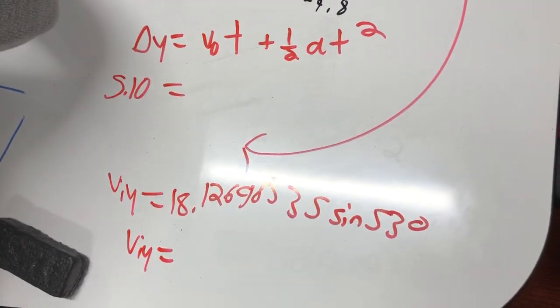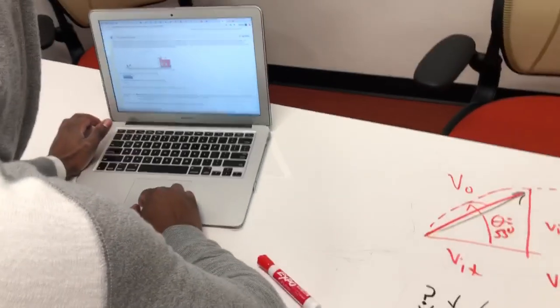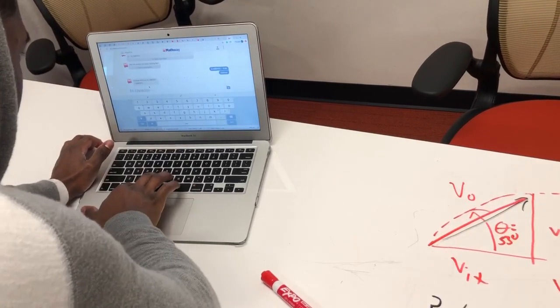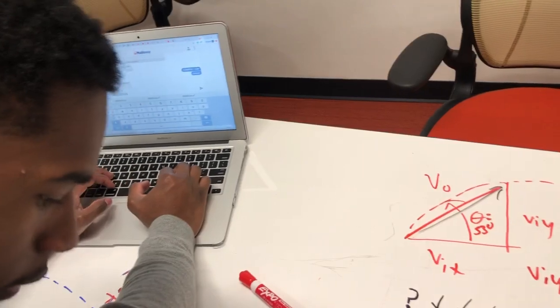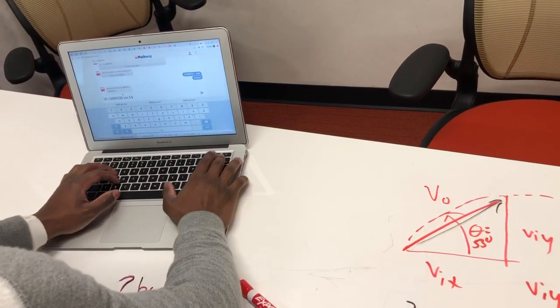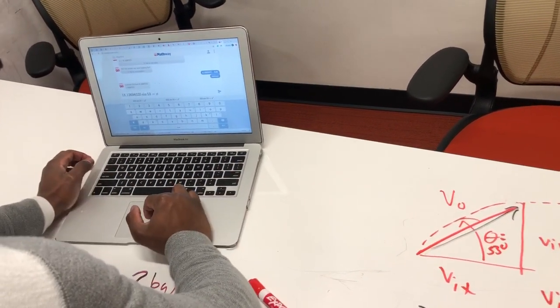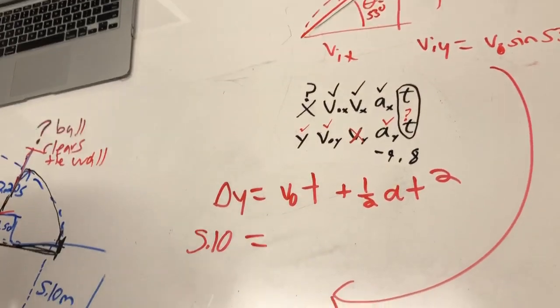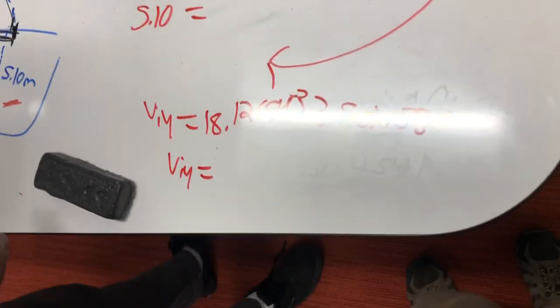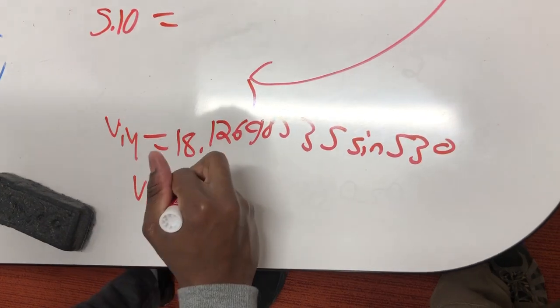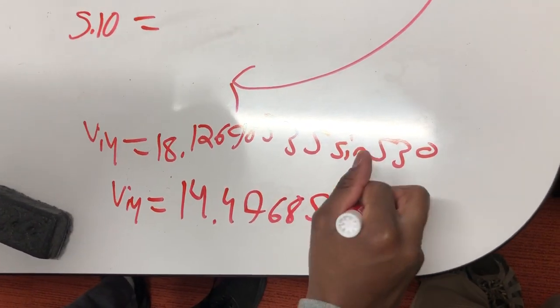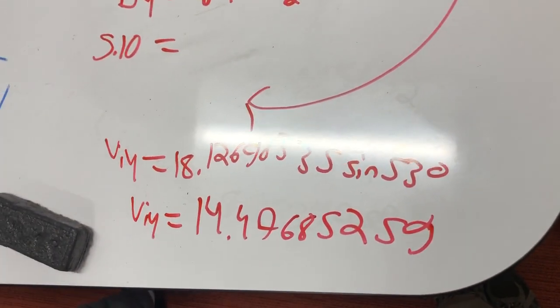I'll just copy and paste that. Control V, sine, 53 degrees, equals. Cool. And that equals 14.476525.